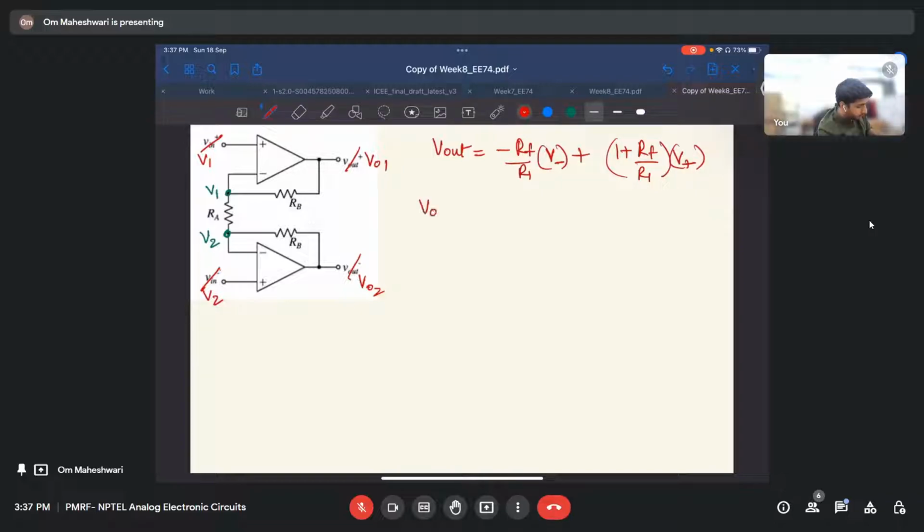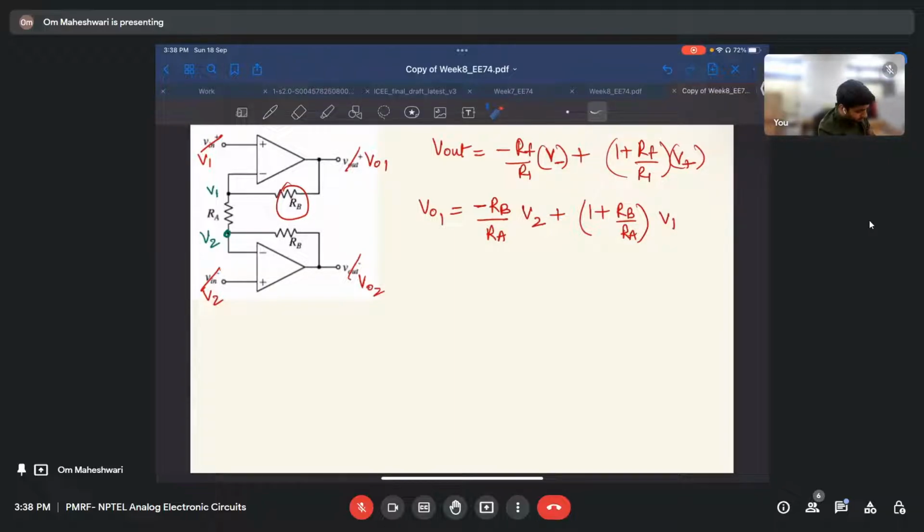So VO1 will be, RF is RB, R1 is RA, minus RB by RA into the voltage at the inverting terminal, plus 1 plus RB by RA into V plus. Sorry, I've done something wrong. This will be V2, and this will be V1.